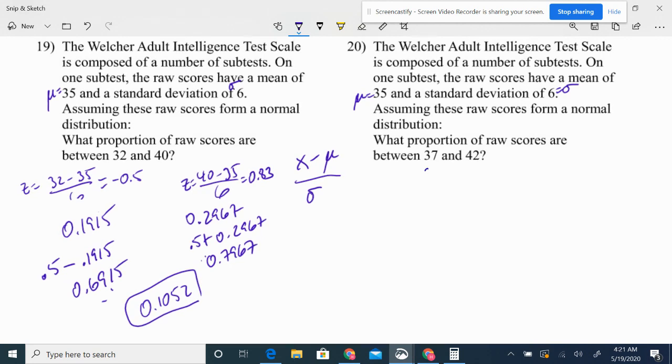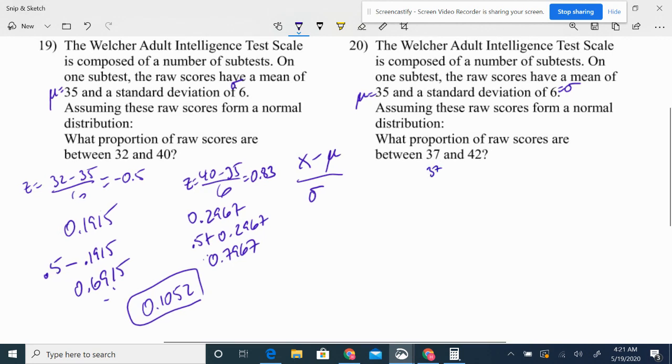So if you score 37, let me find out the z-score. And if you score 42, let me find out the z-score. So for 37, I'm going to go 37 minus 35 over 6. For 42, I have to go 42 minus 35 over 6. That's going to give me the other z-score.